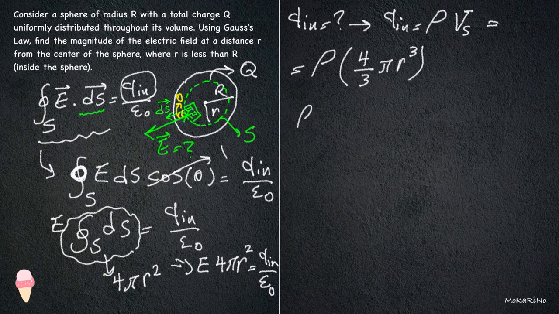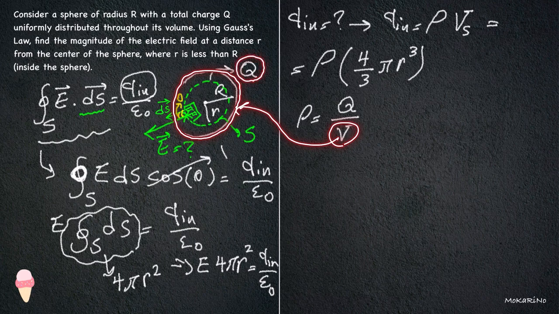And rho is the charge density. Rho is equal to Q over V. This V here is the volume where this charge Q is distributed. So V is the volume of the bigger sphere, and Q is exactly the charge distributed over this volume.